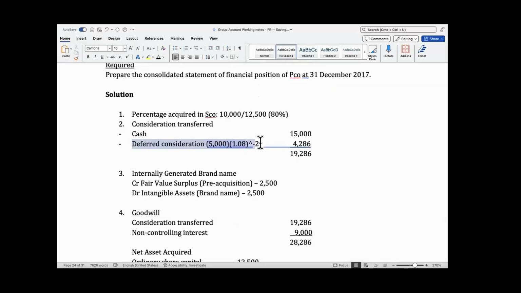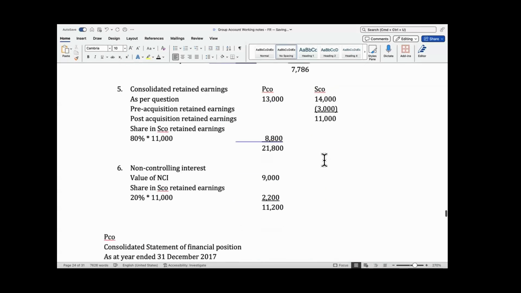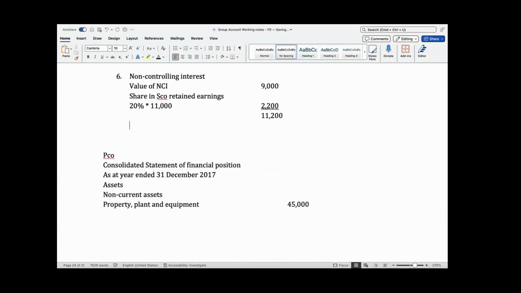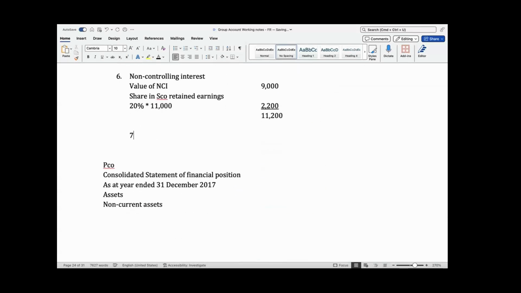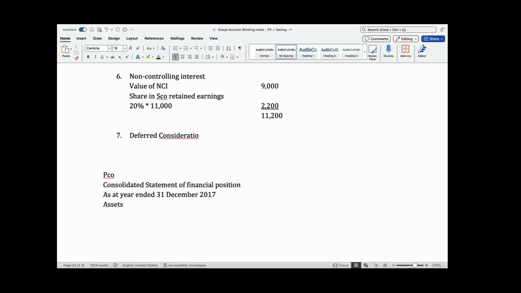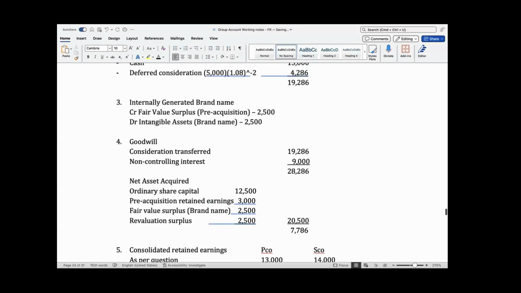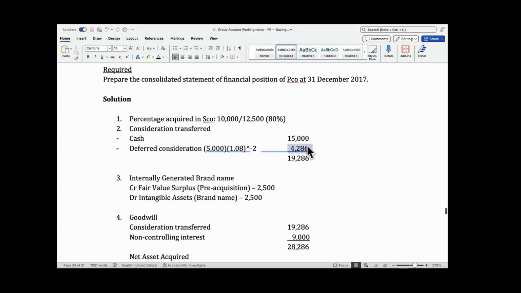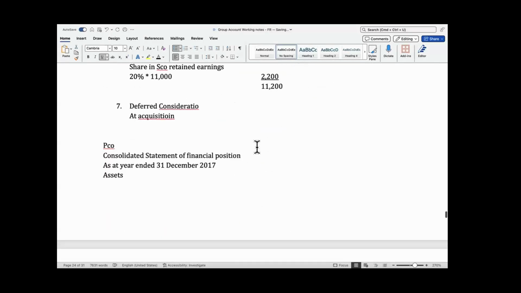So when you do these workings for deferred consideration, do it immediately. Since we forgot, let's just come here and set it up. Deferred consideration at the end: at acquisition, the PV of that deferred consideration was how much? 4,286.